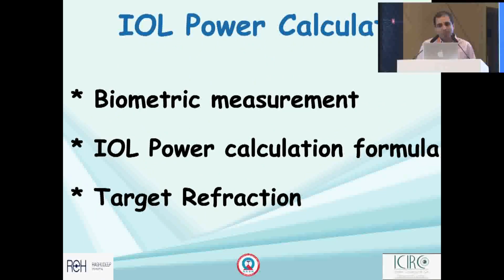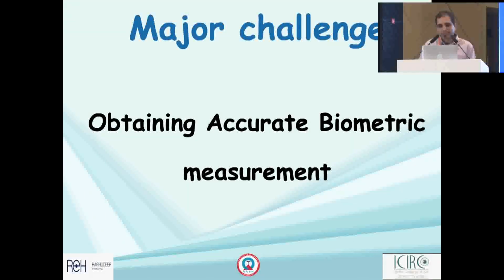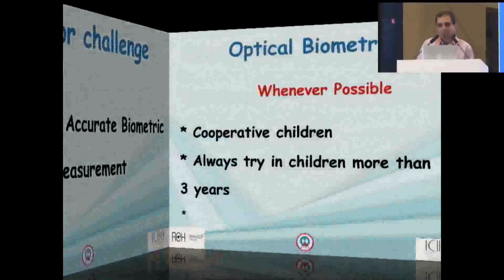So for IOL power calculations, we need the biometric measurements, the IOL power, which formulas to use for such eyes, and the target refraction, which is of extreme importance in these eyes. The major difficulty is that unlike in adults, although you may have access to all the best equipment in the world, children in most situations are not going to be cooperating enough for you to take measurements on those wonderful instruments.